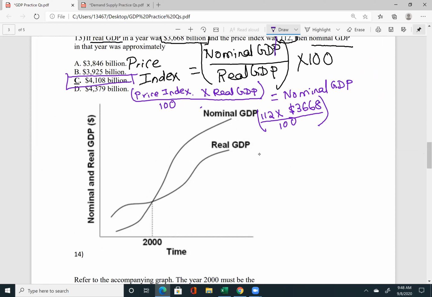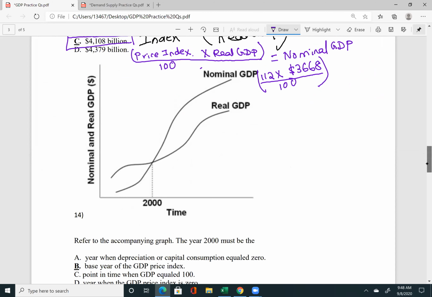Alrighty, question 14. We are doing good on time. Whenever the real and nominal intersect each other, what happens? That means the nominal GDP is equal to the real GDP.